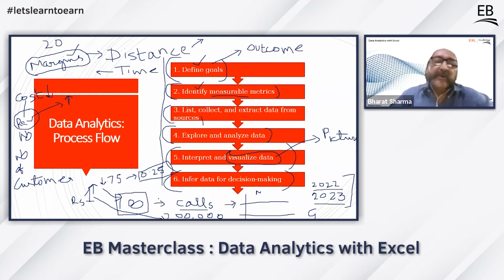Now, how should I approach this? Number one, I will have to identify some measurable metrics. In terms of growth, in terms of number of people, in terms of number of calls, there are many more things into it. Every call that lands takes certain time, so people take certain time to answer those calls. Let's say on an average, people take 2 minutes to answer a call, and everybody does at least an 8 hour shift.